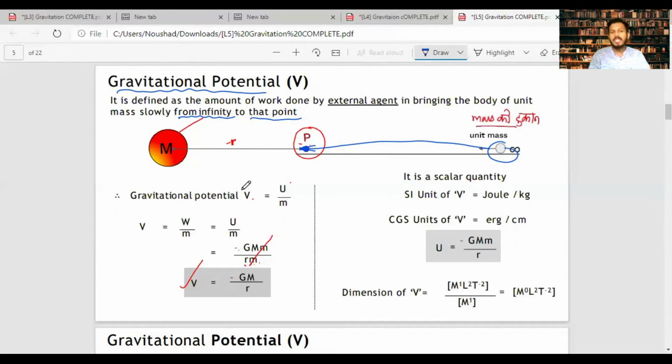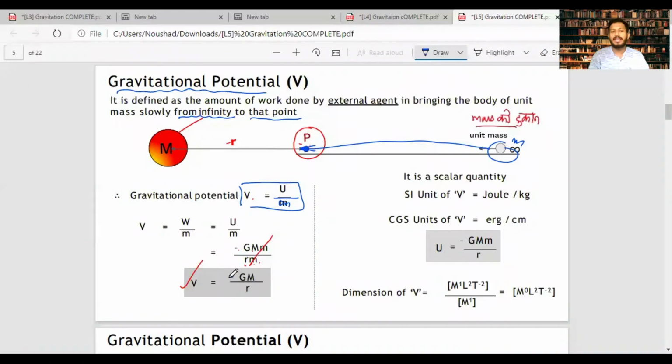Okay. Gravitational potential V equals U by m, because it's moving from infinity to that point. Work done for unit mass is to be calculated, but here the work done for small m is obtained. So we divide it by m, and we get the work done for unit mass.